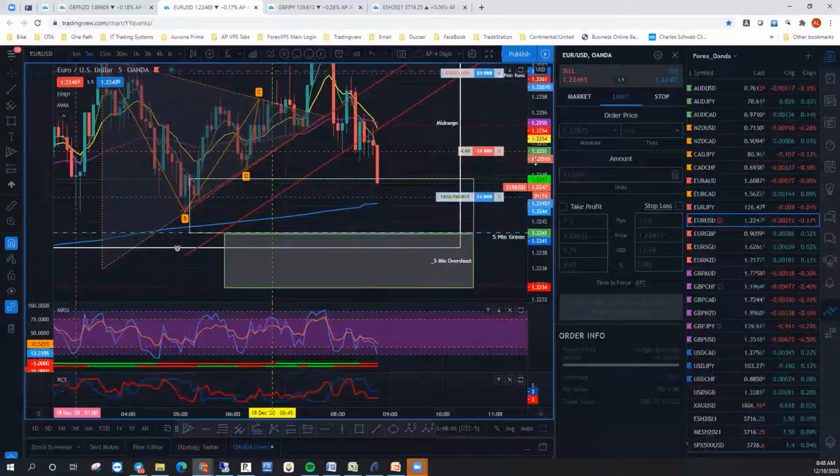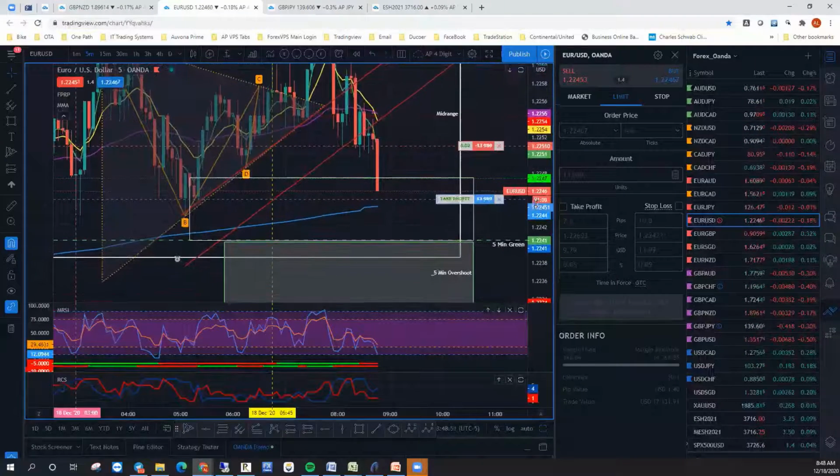Oh, you're still not in it, Al? I'm in it. I'm just about ready to take my profit, actually. I'm just trying to not let the spread take it. I'm just going for 5 pips right now. Yeah, because you're looking for a bounce still. I'm looking for a bounce off of here.